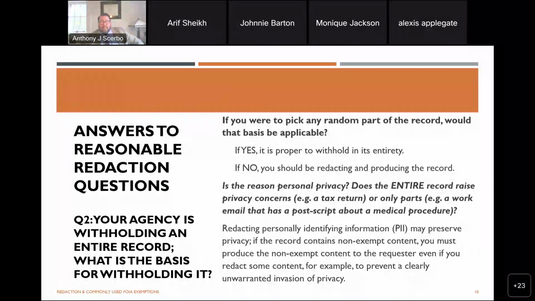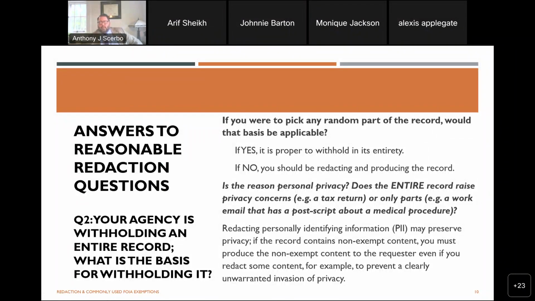But if not, then you should be redacting those privileged or exempt portions and producing the record with the proper notations on the document that show where and to what degree the redaction occurred. Now, if the basis applied is personal privacy, then you ask, does the entire record raise privacy concerns, such as a tax return, or only parts?